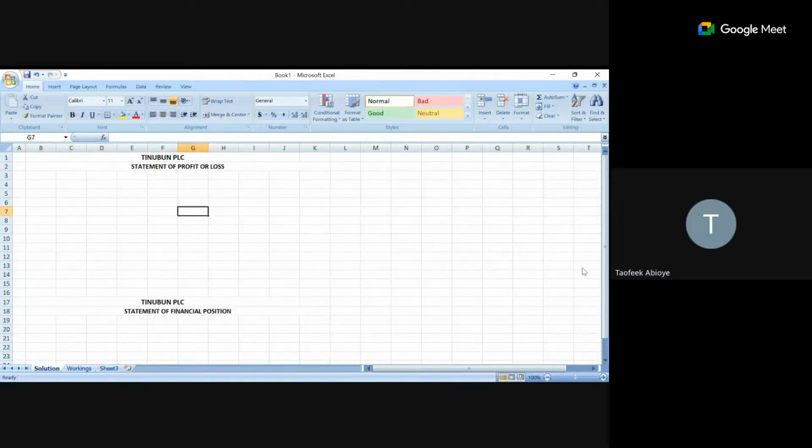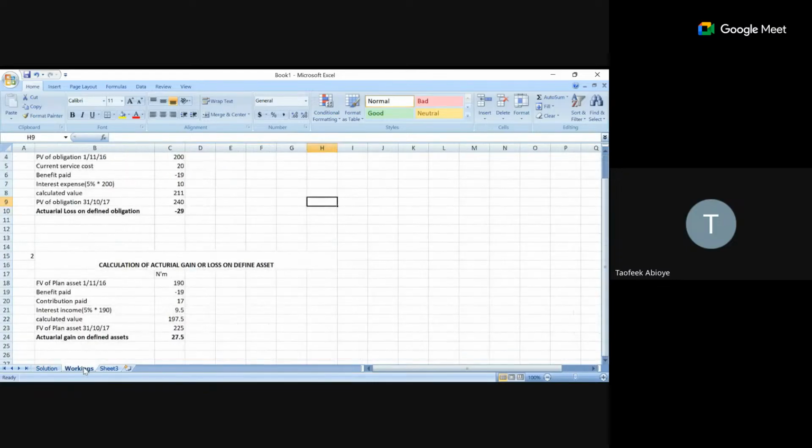So in our statement of profit or loss, what are we going to report? Look at it. This current service cost, we are going to report it. If you look at benefit paid, it affects our assets and it affects our liability, so you are not going to report that one.